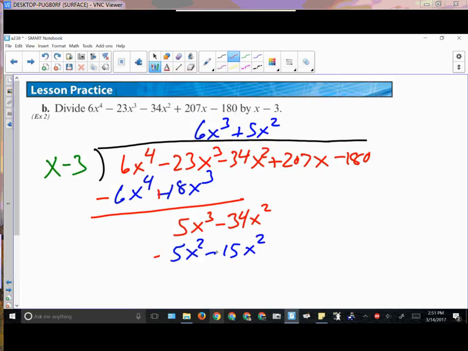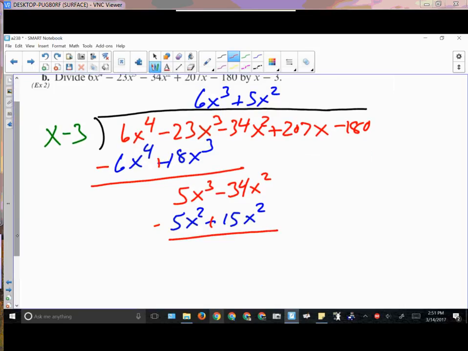Change the signs. And we end up with, let's see, it's going to be 20 or 19x squared. Bring down the next term, plus 207x.